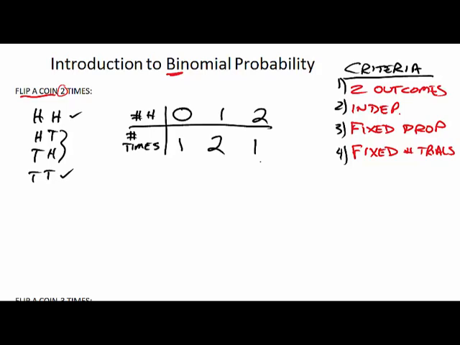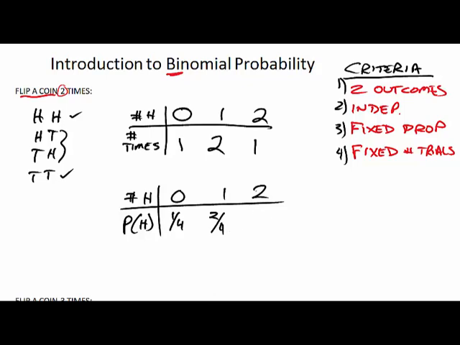If I wanted to, I could also change that. Instead of a frequency count, I could instead look at a probability chart. So 0, 1, 2, and there were a total of 4 outcomes. So the probability of getting 0 heads was 1 out of 4, 1 was 2 out of 4, and 2 could happen 1 out of 4 times.